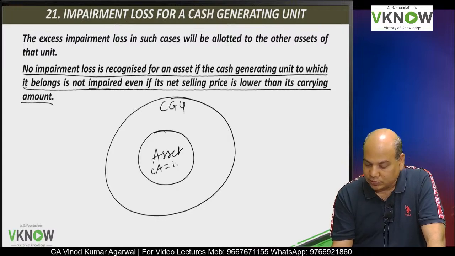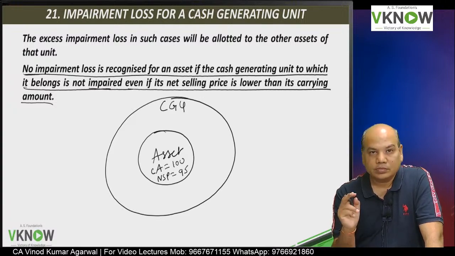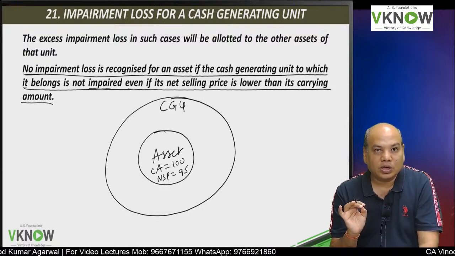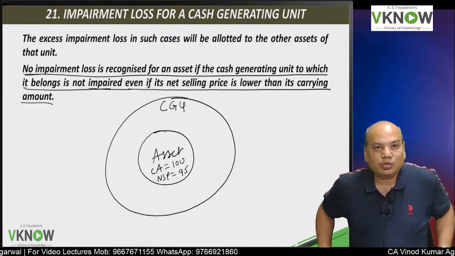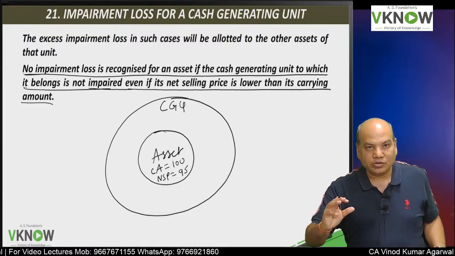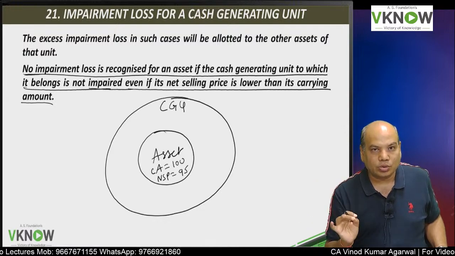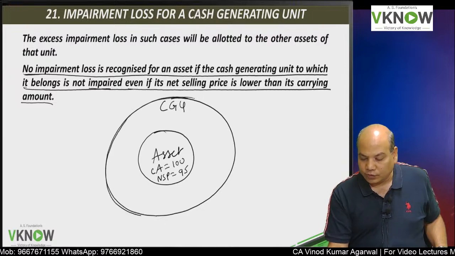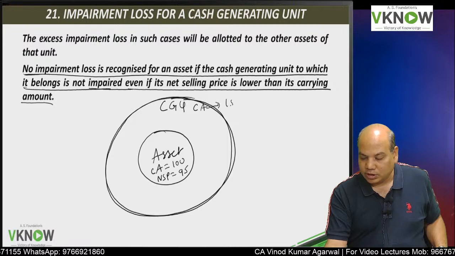Carrying amount of the asset is 100. Net selling price is 95. There is an indication of impairment. If net selling price is below the carrying amount, there is an indication of impairment, but I can't calculate the value in use because it does not generate independent cash flow, and I cannot say that value in use is close to net selling price. Therefore, I will test CGU for impairment. CGU's carrying amount is 1500 and recoverable amount is 1600.